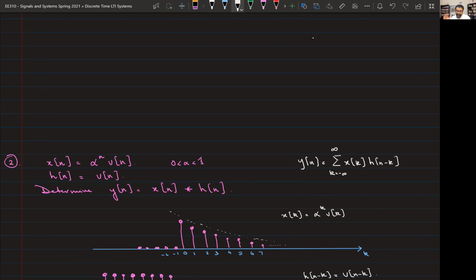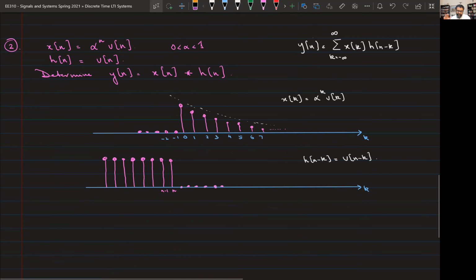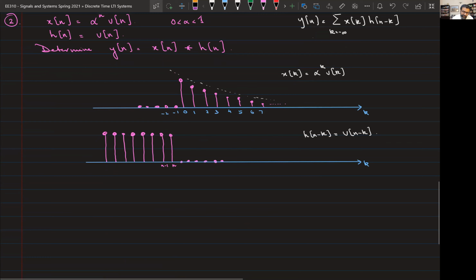So when I do that flipping and shifting, this particular case that you see on screen corresponds to the case when n is less than 0, right? And moreover, because alpha is between 0 and 1, that's a decaying exponential, right? It exponentially decays, right? All right.